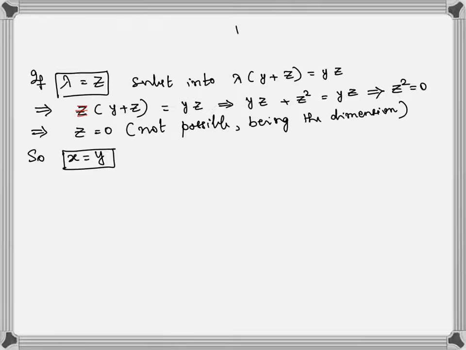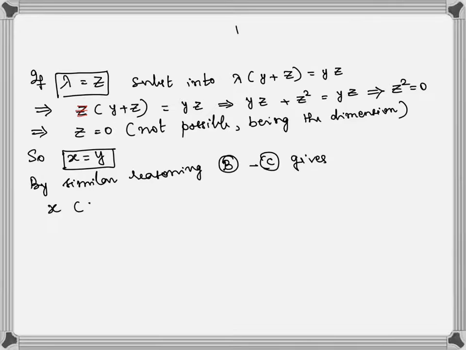So we got this x equal to y by considering step A and step B and subtracting them. Same way we can subtract step C from step B. By similar reasoning, B minus C would give x times (z minus y) equal to lambda times ((x plus z) minus (x plus y)).